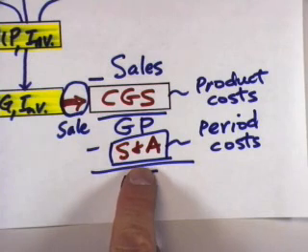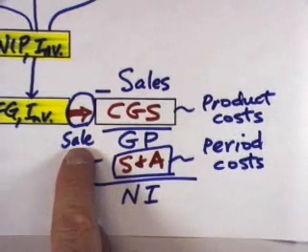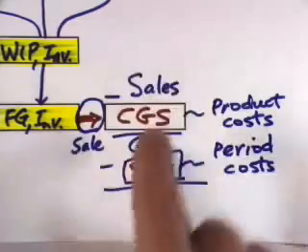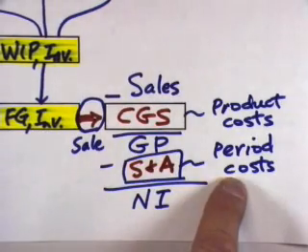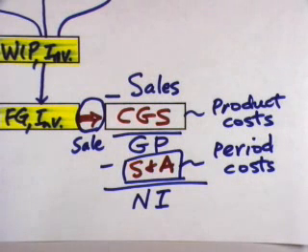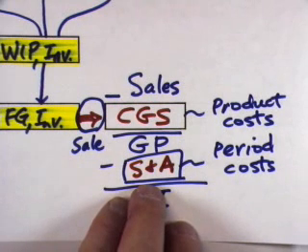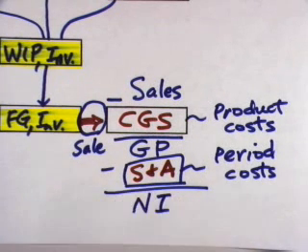There's no need for a sale to take place in order for those costs to be moved off of one financial statement onto another. These costs, period costs, which are all costs that are not product costs, are immediately recorded on the income statement at the end of a period, and they bypass the balance sheet completely.